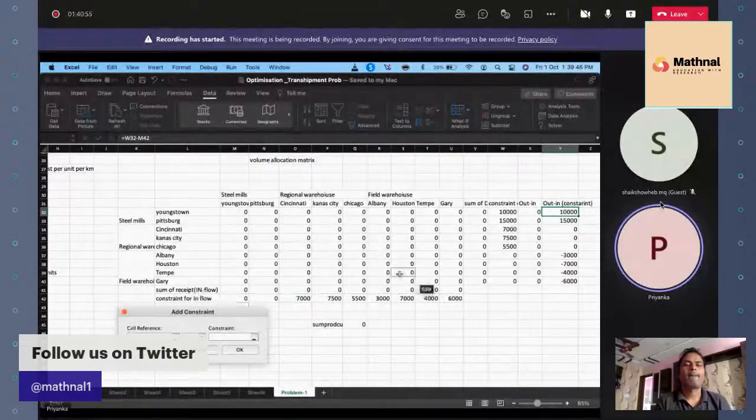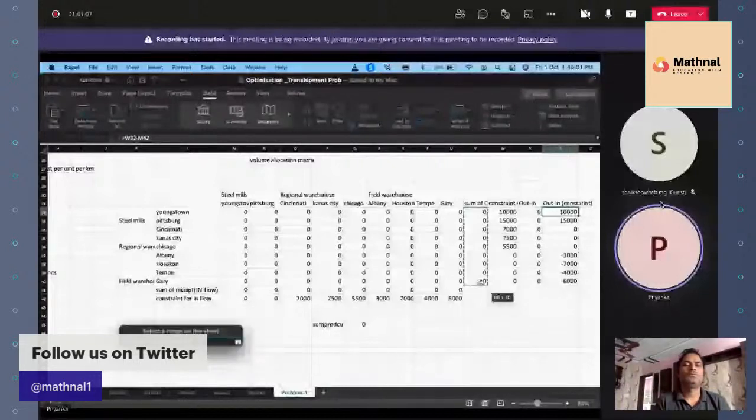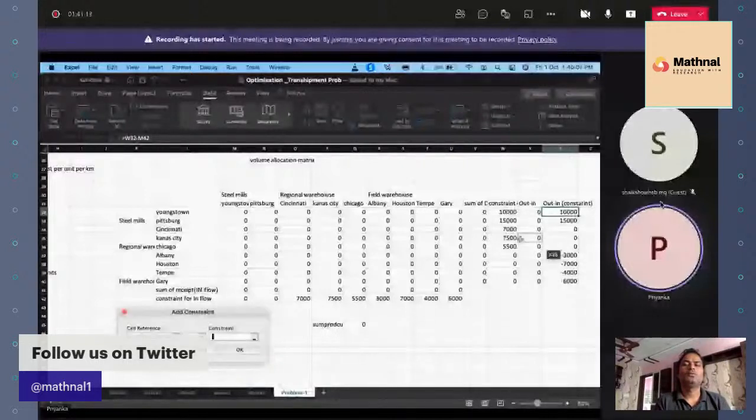Sum of the constraint for outflow. Sum of the constraint for outflow means column B. Yeah, that is equal to, up to bottom, is equal to the constraint for outflow. Add.